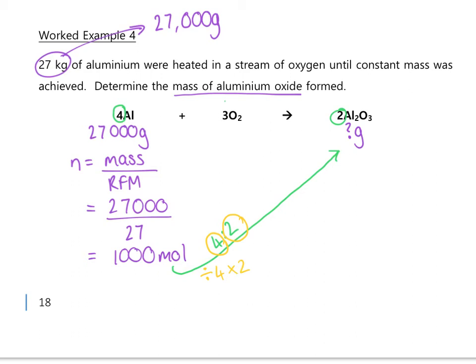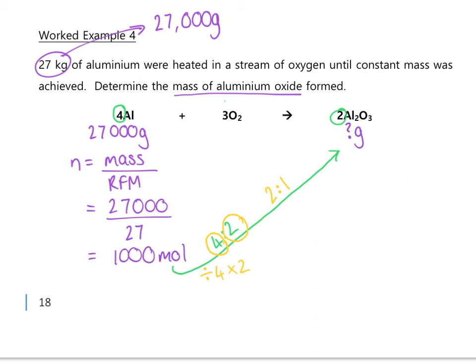Or I can say to myself that a ratio of 4 to 2 is the same as saying a ratio of 2 to 1. 2 to 1 means that for every 2 moles of aluminium, I only form 1 mole of aluminium oxide. So essentially, I form half as many moles of aluminium oxide as I have of aluminium.